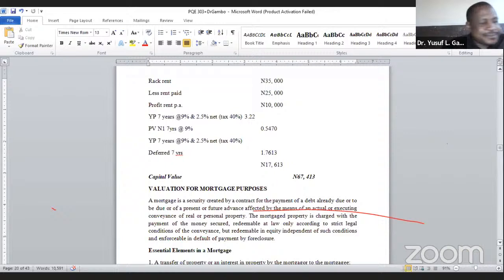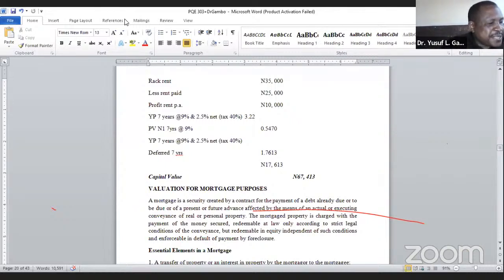Profit rent is 5,000. YP 7 years, so it's the same thing as YP deferred 7 years at 8% and 2.5% tax at 40. So you have 1.9. When you multiply that, you have 9,686. So capital value at that point is, I said, 20,006. So subleasehold interest, good. Subleasehold interest, that is B.